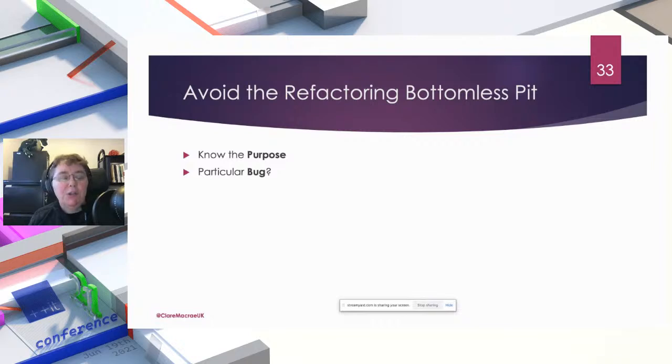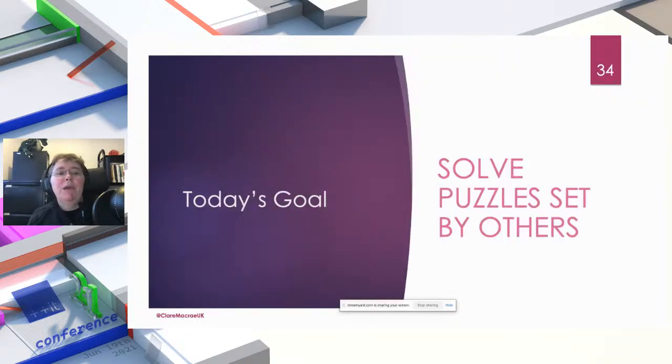So is it a particular bug you're working towards, or more commonly, is it a particular feature that you want to implement? For today, the feature that I want to implement is to solve puzzles set by others. So the bulk of the code is, right, now I've got a puzzle with some empty cells, try and fill in the gaps. And I want to change it so that I can reuse that code.